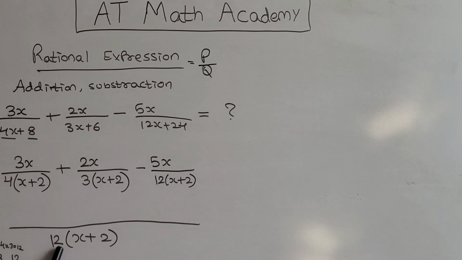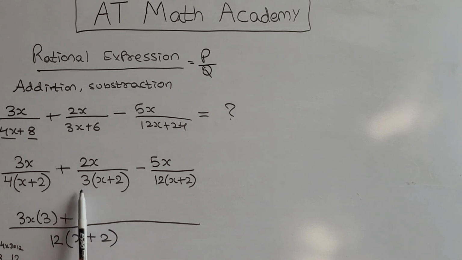So in order to do so, we are multiplying this entire term with 3. 3x is the numerator and I'm multiplying it with 3. And for the denominator, I already multiplied with 3: 4 into 3 is 12, and x plus 2. In this way, we got the common denominator, and I have the addition sign here.